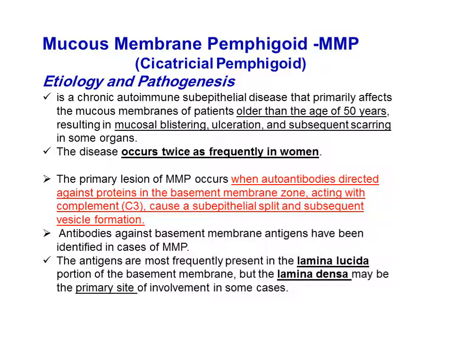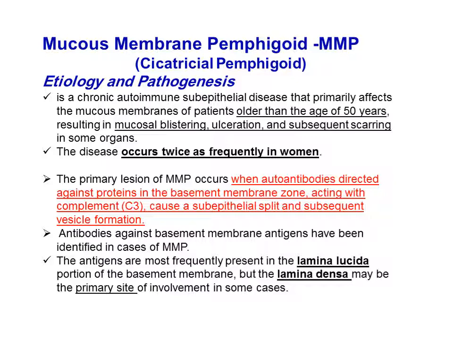The disease occurs twice as frequently in women, so it is more common in women than men. The primary lesion occurs when autoantibodies directed against proteins in the basement membrane zone act with complement C3 to cause a subepithelial split and subsequent vesicle formation.